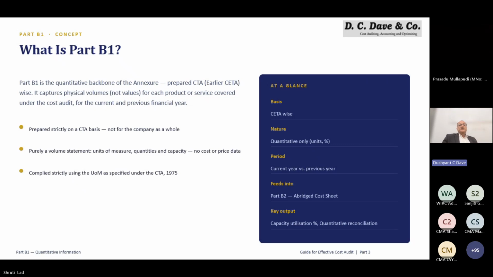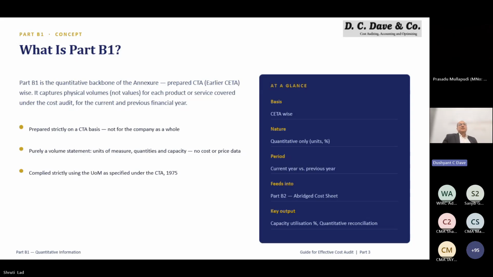Similarly, stock reconciliation acts as a powerful audit tool as well. As I mentioned about opening stock, production, sales: opening stock plus production minus sales minus captive consumption will become the closing stock. And if this equation does not match, then there is either incorrect reporting, missing transactions, wrong classifications, or ERP errors. I am mentioning that again on the slide as well, that Part B1 is the quantitative backbone of the annexure prepared CTA-wise.